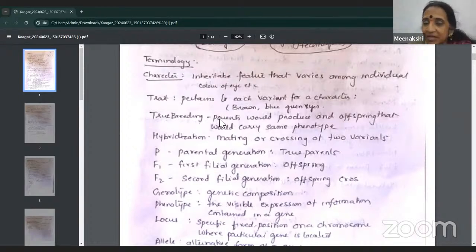Then true breeding. True breeding is when the parents produce offspring that carry the same type of phenotype. That is, like begets like, we say. So when we bring about the cross, the same type of offspring will be produced. Hybridization is nothing but mating or crossing of two variants to bring about a different phenotypic and genotypic combination.